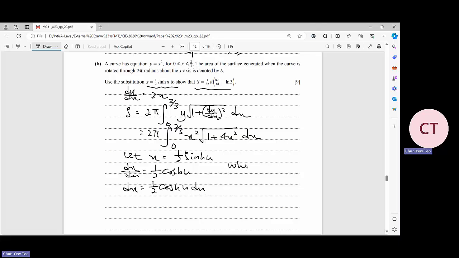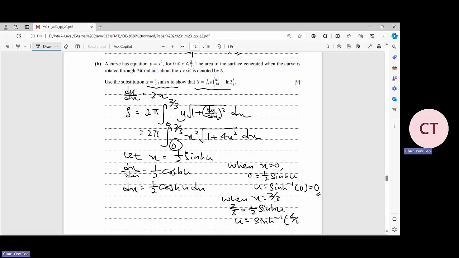When x equals 0, you have 0 equal to half sinh u, that means u is the inverse sinh of 0. You get 0. Then when x equals 2/3, you get 2/3 equals half sinh u, and your u will be the arsinh of 4/3.